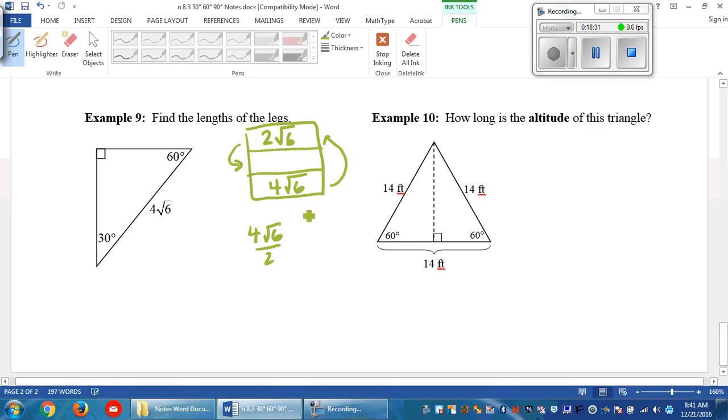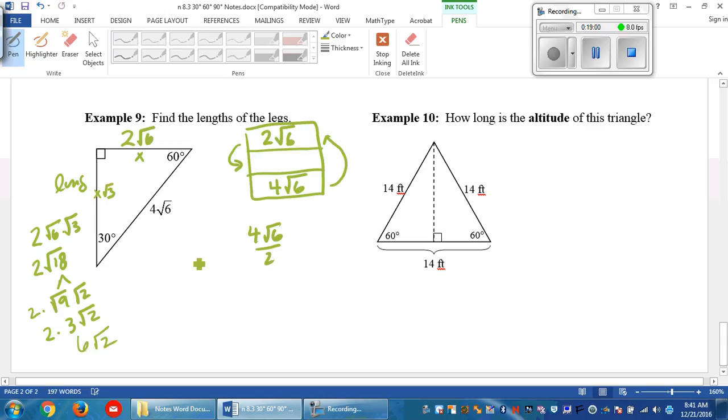And then for the long leg side, you're going to take the 2 root 6 and times it by root 3, and you get 2 root 18. But where some of you stop, 18 can be broken down into 3 root 2, and the 2 in front combines to give you 6 root 2 for your answer.